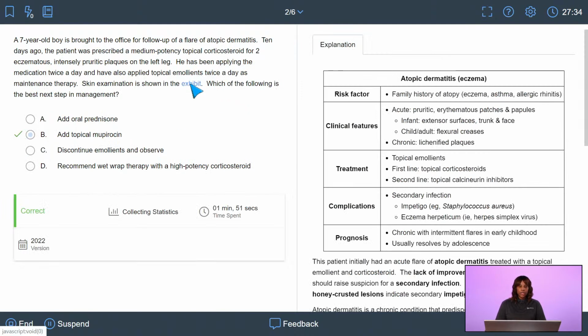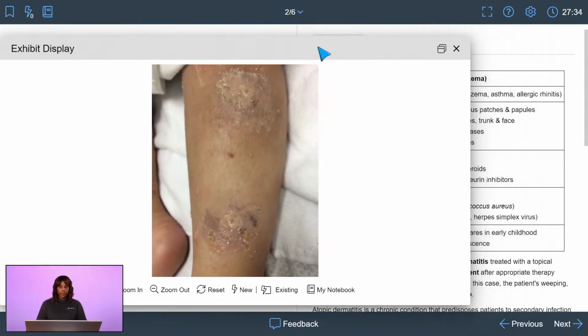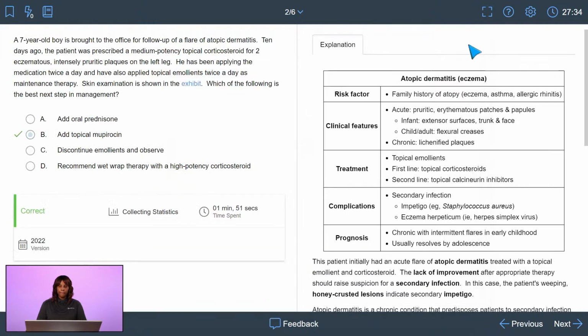So let's pull up this image again, just so you can take a look at it before we go through the explanation. Now we know that this patient had a flare-up of atopic dermatitis, which is also known as eczema. A risk factor for that is a history of atopy, which is eczema, asthma, or allergic rhinitis in the family.